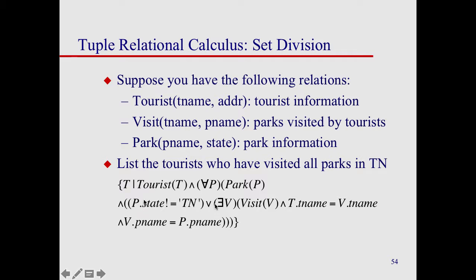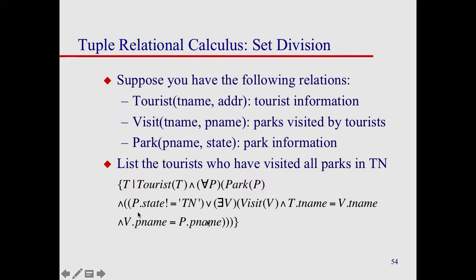Okay? Or for that park, so if the park is in the state of Tennessee, then there must exist a visit such that the name of the tourist matches the visitor name to that park. Okay, so the tourist name equals the tourist name in the visit, and the park name in the visit equals this park name.